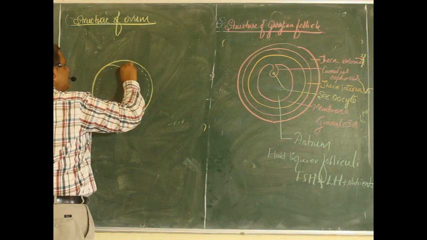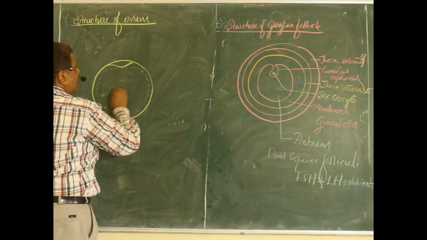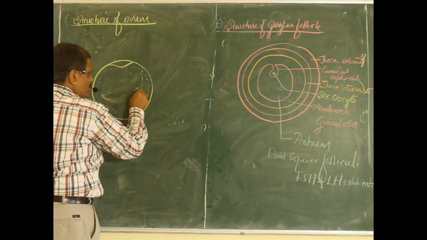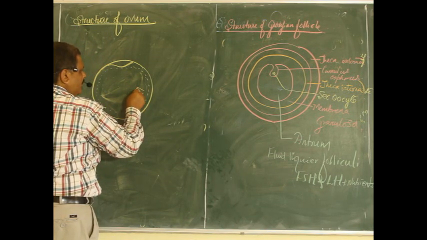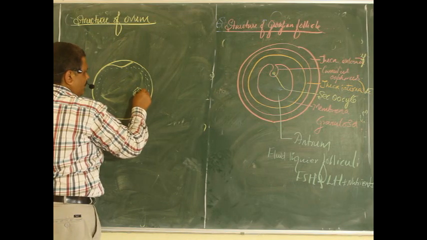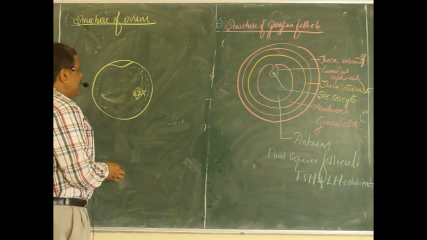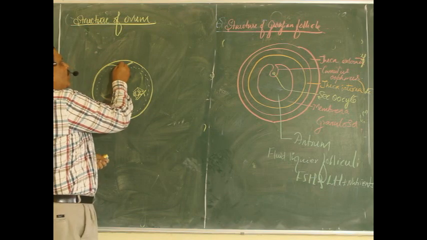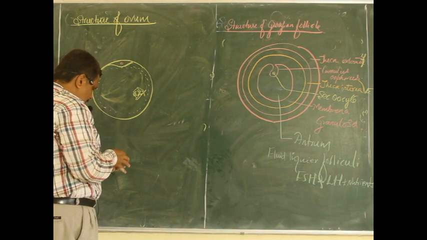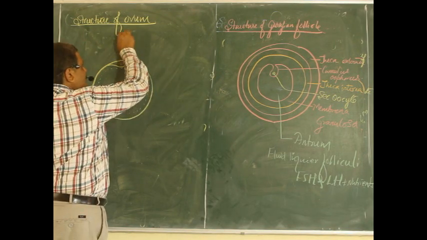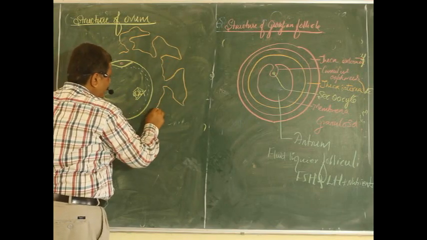The chromosomes will be in metaphase stage, and here we observe the presence of polar body, and on the outer layer, a star-like structure is present. You may wonder by observing the structure of this egg.